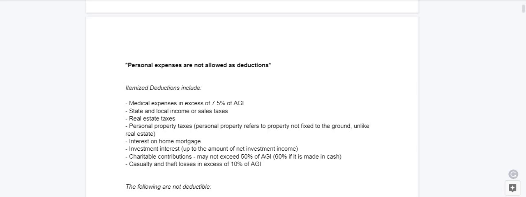Lastly on this list, we have casualty and theft losses in excess of 10% of your AGI. So if your casualty and theft losses expenses do not exceed 10% of your AGI, unfortunately you cannot deduct them anyways. And just like medical expenses, they have a certain threshold that must be exceeded in order for you to take a deduction at all.